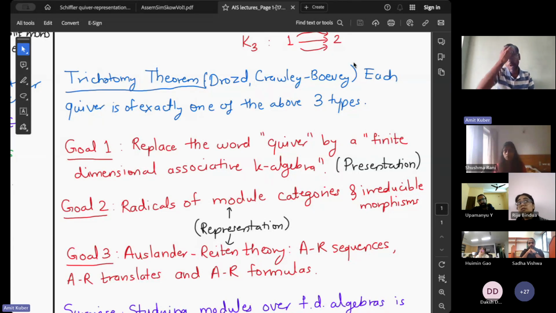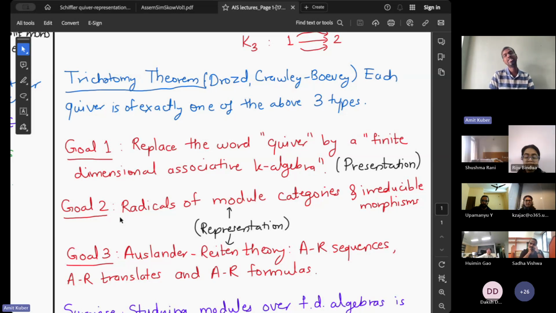We will properly define ideals in a category and define the radical, and show that it is an ideal. Then using the radical, we will make precise the idea of how many arrows there are from one vertex to another vertex. So the radical is going to be the key.